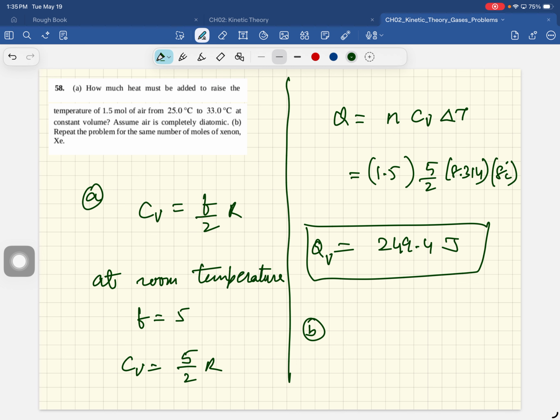In deep space between galaxies, the density of molecules, which are mostly single atoms, can be as low as 10 to the power of 6 atoms per meter cube. Here in this room, the number of molecules is about 10 to the 26.